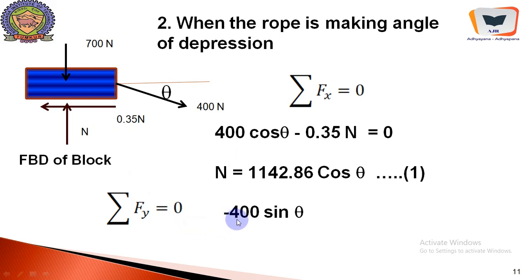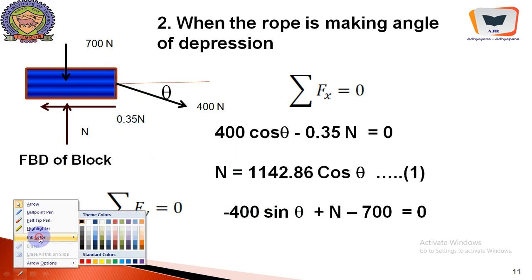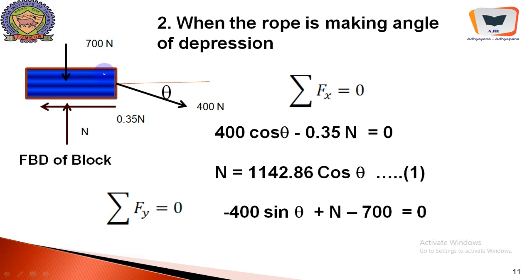That will give us minus 400 sin theta, which is acting down. I will try to write this for the sake of clarity. This is 400 cos theta going like this, and this is 400 sin theta, which is coming like this.